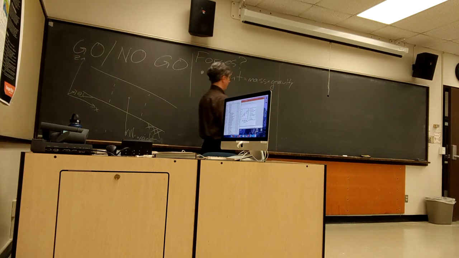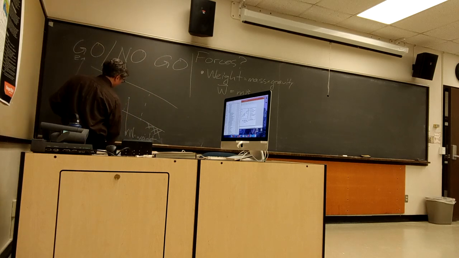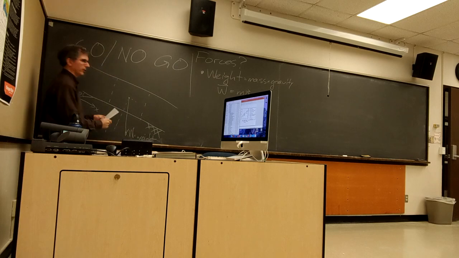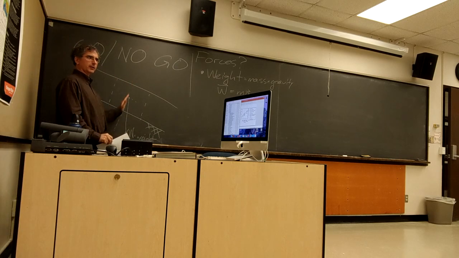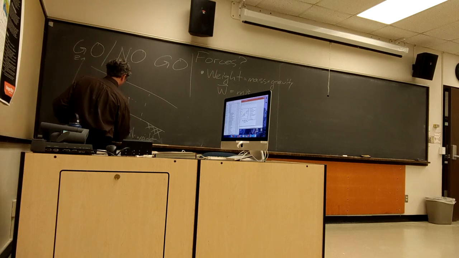And it goes downward, of course, so if I'm writing things vector-wise, the weight vector is the mass times the gravity vector, and I can decompose that into components that are parallel to the slope-normal direction and components that are parallel to the slope-parallel direction.